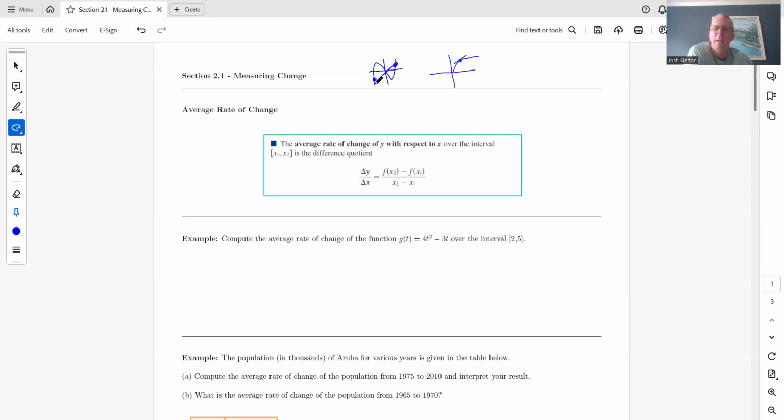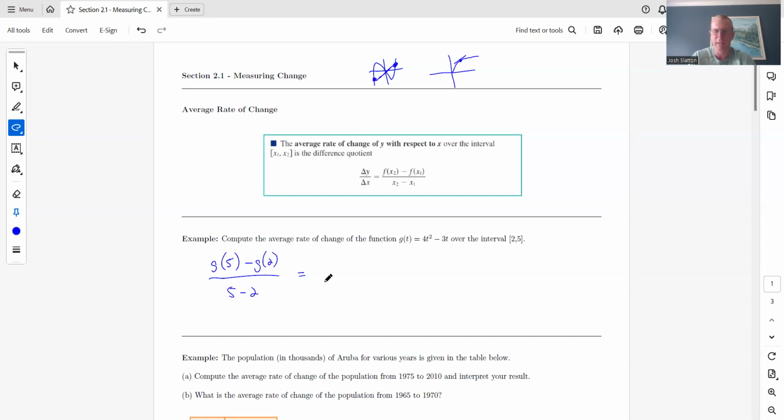That's all we're doing. So if we look at this first example, compute the average rate of change of the function 4t squared minus 3t over the interval 2 to 5. We need to set this up as g of 5 minus g of 2 over 5 minus 2. We can just plug in 5 for t.